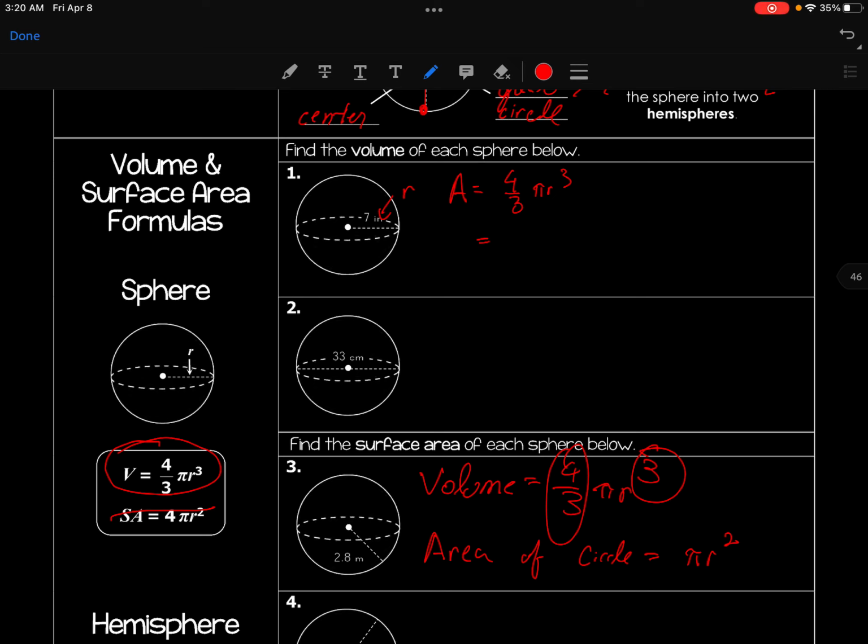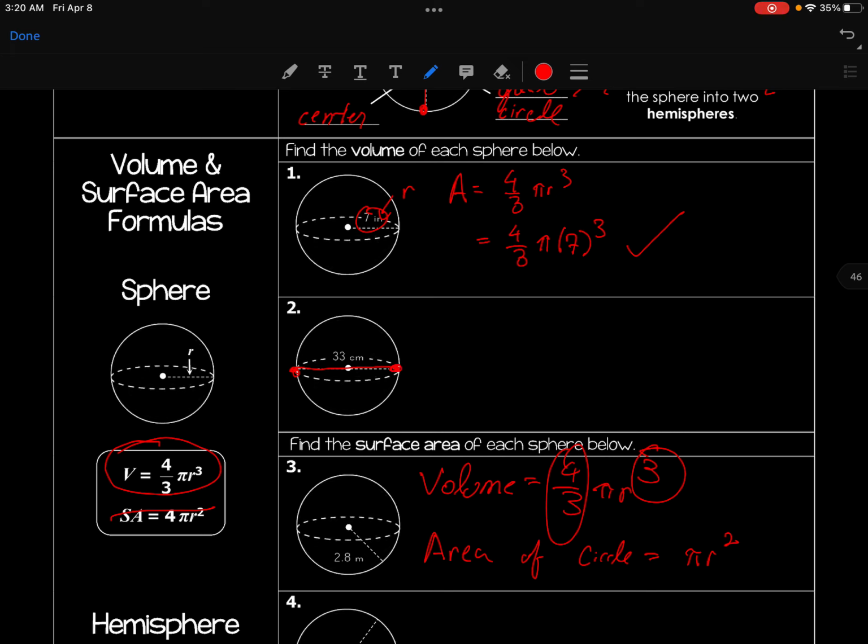Radius is 7, therefore substitute 7 into r, and we get 4/3 pi times 7 to the third power. Just put that in the calculator. That's going to give you an answer. Easy peasy.